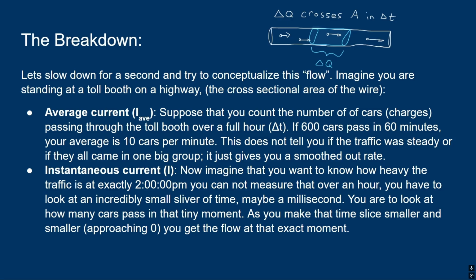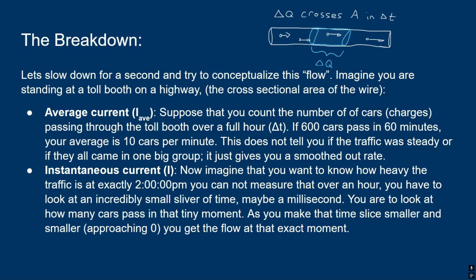If 600 cars pass in 60 minutes, then your average is 10 cars per minute. But this does not tell you if the traffic was steady or if it all came in 1 second, in one group. This gives you a smoothed-out rate. In other words, you can't pinpoint how many cars were coming through at any one point in time.